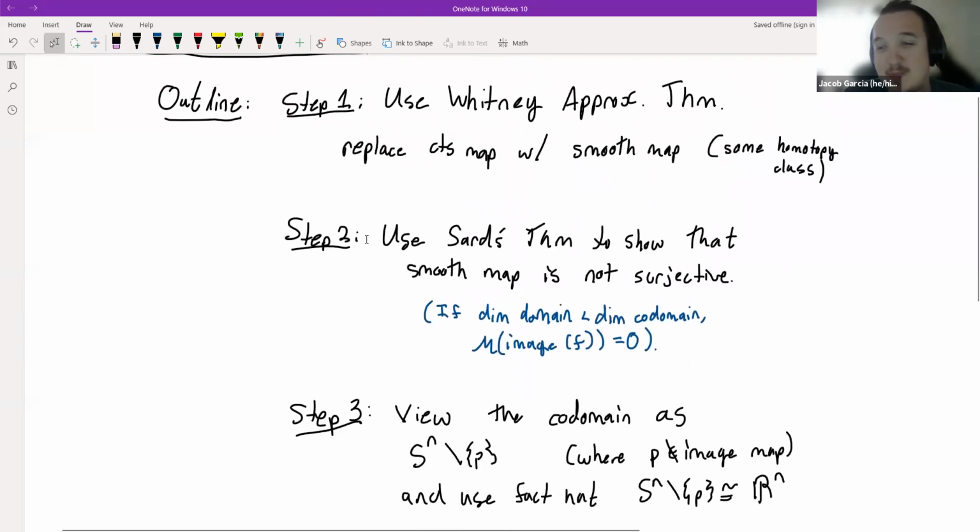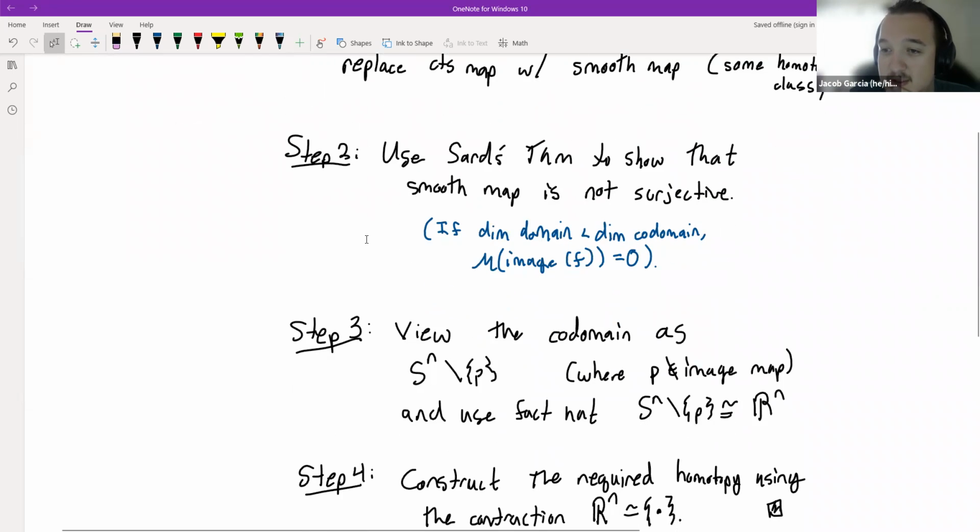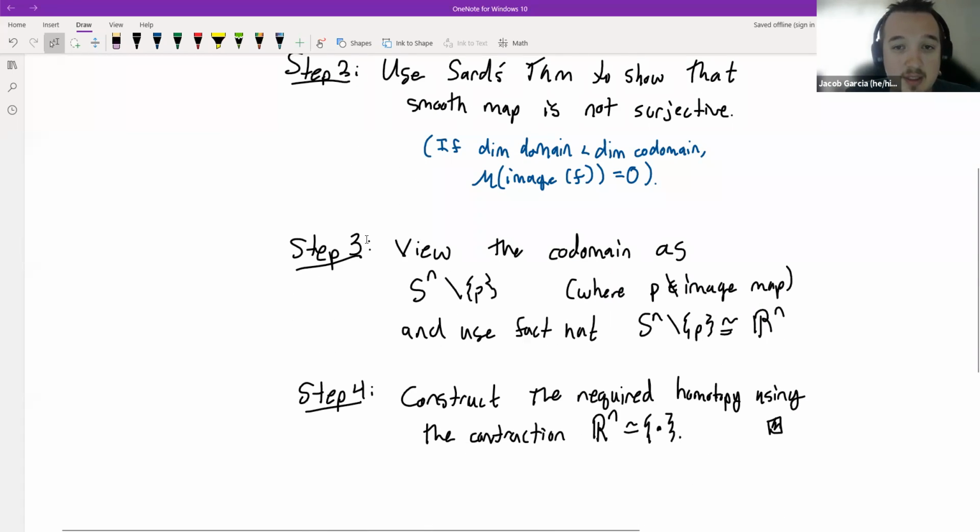The first 2 steps are big theorems, and the second 2 steps are standard argument. Questions, comments, or concerns?